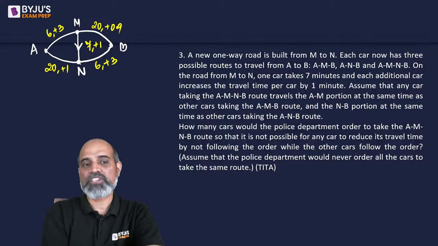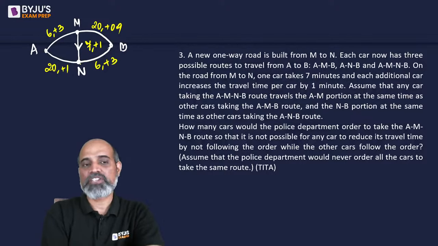Now, since one car will take the AM path in 6 minutes, it will travel that path in 6 minutes. But since we have 4 cars, for every car there is an addition of 3 minutes. So we will have 6, and then for every car we will have 3. So there are 4 cars, so it will take a total of 15 minutes for the AM route.